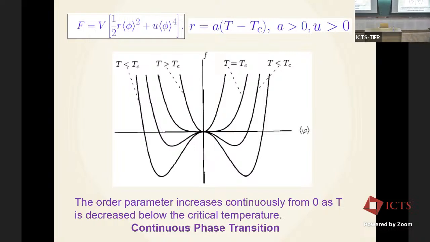And as a result, this theory will tell you that as you keep on changing your temperature so that this R, the coefficient of the quadratic term, goes to 0, that point is the critical point. And if your temperature is above that, then we'll have m equals 0. And if you have below that, then m will have a finite value. So at this very simple level, one can have a theory of what is going on.